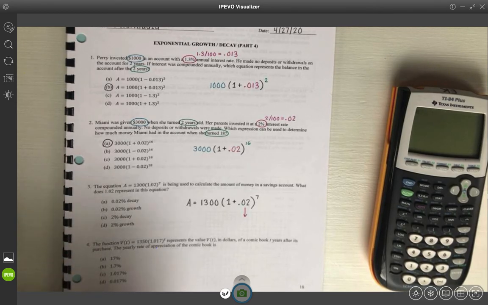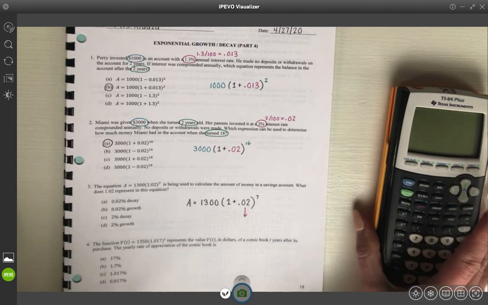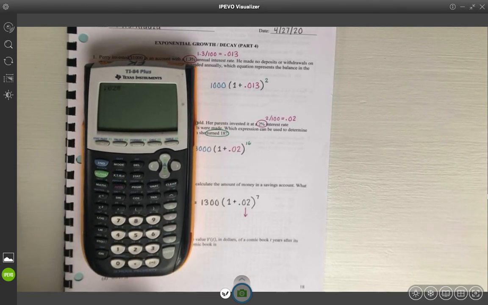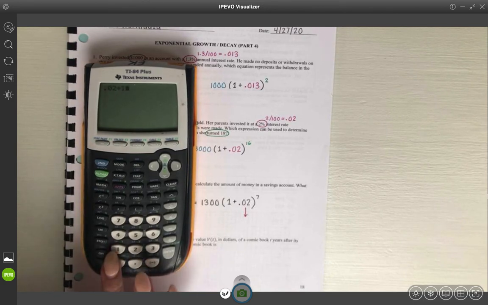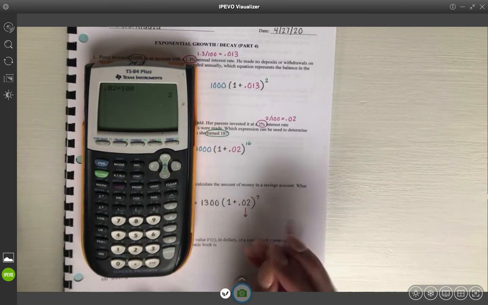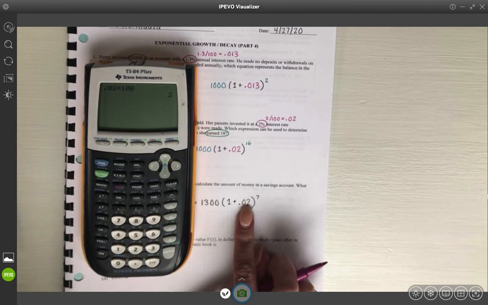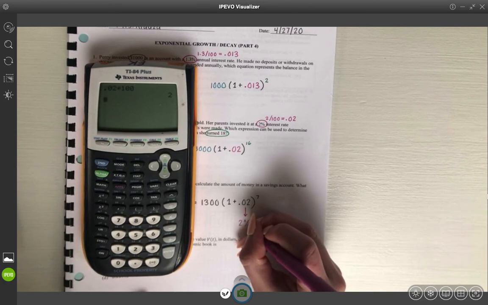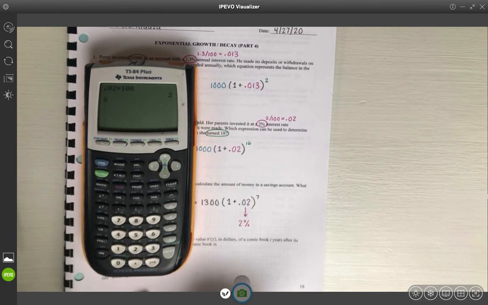We're actually going backwards from what we normally do. So instead of taking 0.02 and dividing by 100, I'm going to take 0.02 and multiply by 100 to find the percent change. 0.02 as a decimal is the same as 2% as a percentage.